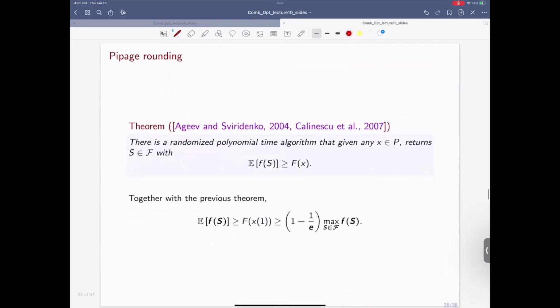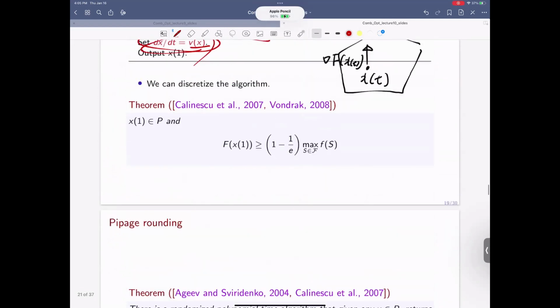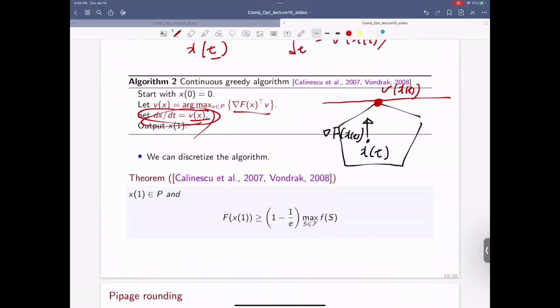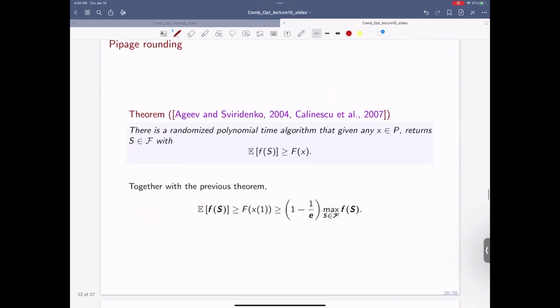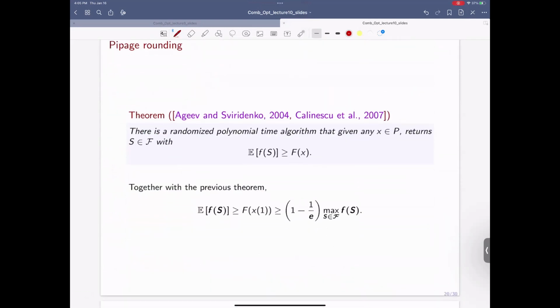Now, okay, so we got this solution x of 1, which is fractional. Now you can apply a randomized rounding algorithm to generate a set S whose expected value is at least as large as the value of the multilinear extension.